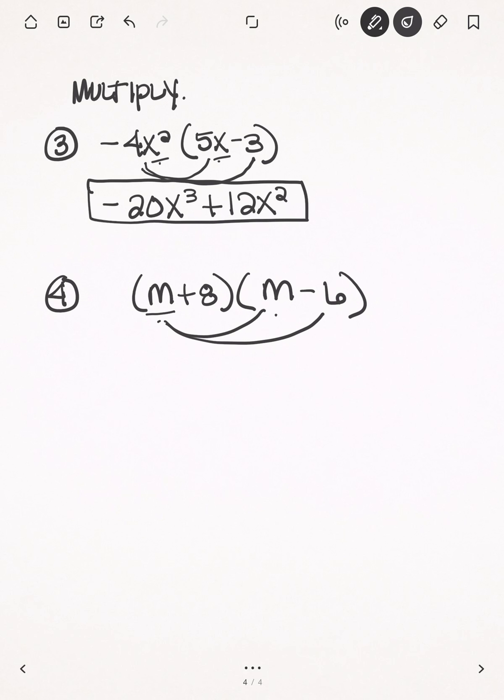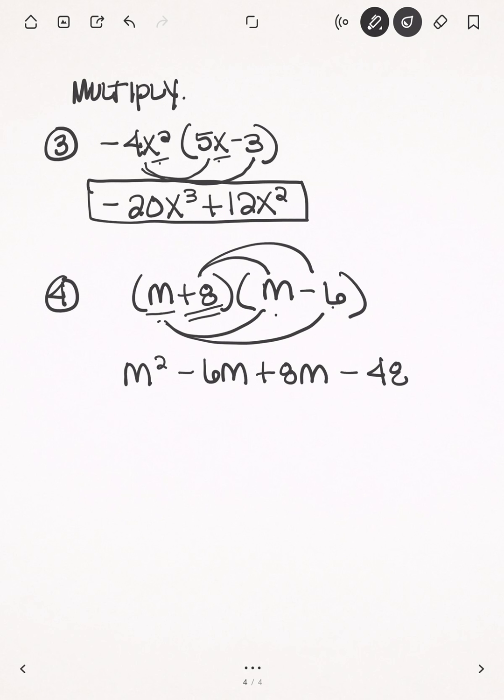So m times m would be m squared, and m times negative 6 would be negative 6m, and I'm halfway done. I'm now going to take this positive 8 and I'm going to distribute it to everything in the second set of parentheses. So positive 8 times m is positive 8m, and positive 8 times negative 6 is negative 48.